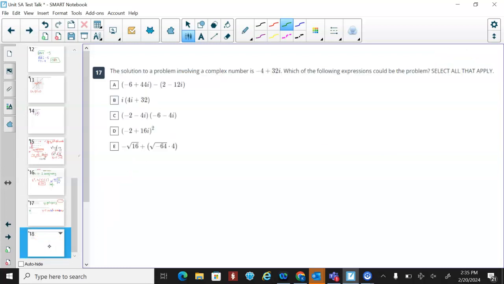And then the last one, you're just matching which one matches -4 plus 32i. So in the first example A, you're going to have to distribute. So I get -6 plus 44i, -2 now plus 12i, because those are going to change. Now I can already tell that 44i plus 12i will not give me 32i.